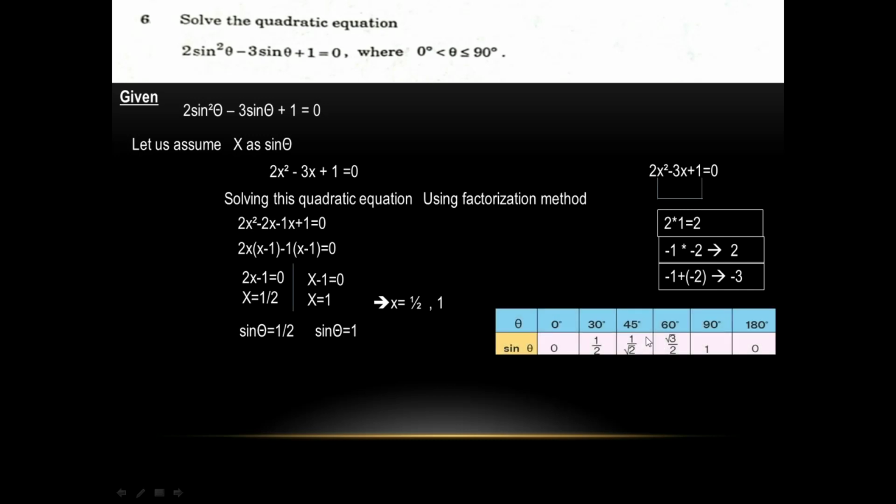From this table we can see that sine 30 is equal to 1 by 2 and sine 90 is equal to 1. From this we can say that theta is 30 degrees or 90 degrees.